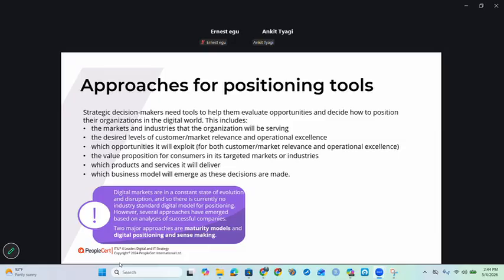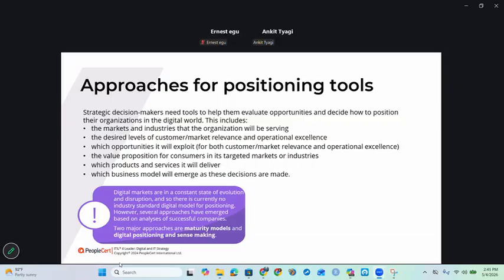This includes the markets and industries the organization will serve, the desired level of customer or market relevance and operational excellence, which opportunities it will exploit for both, the value proposition for consumers in its targeted markets or industries, which products and services it will deliver, and which business model will emerge as these decisions are made.